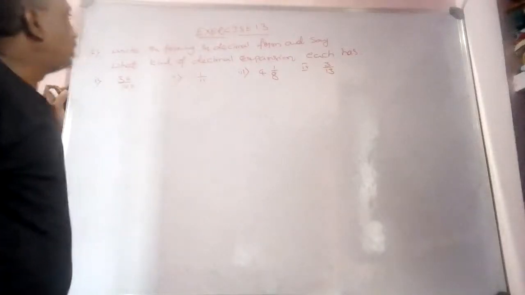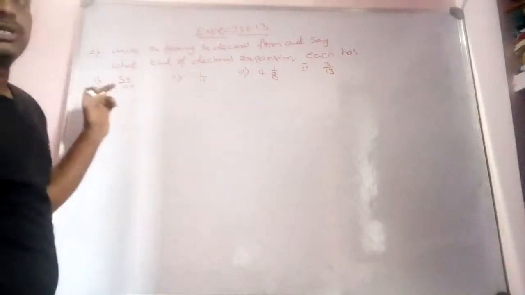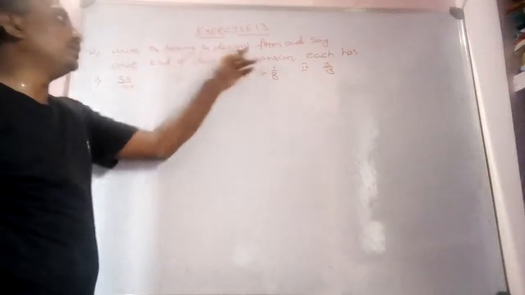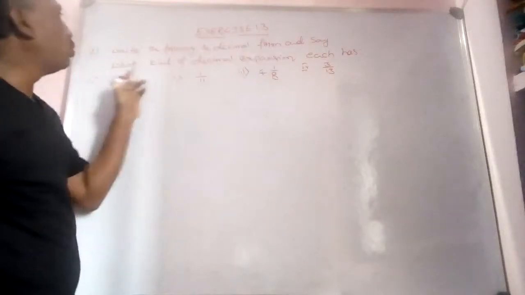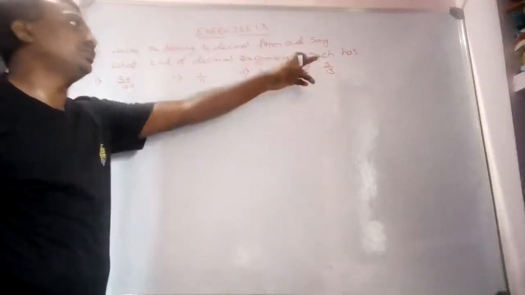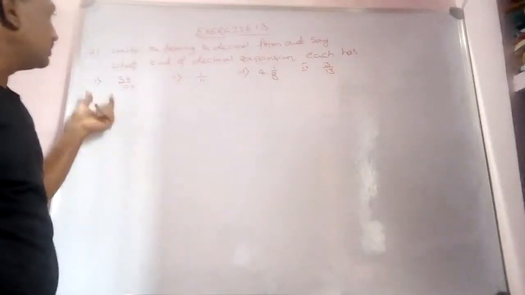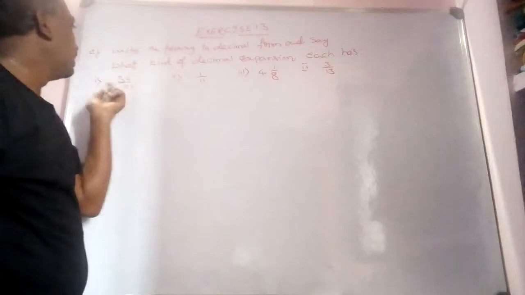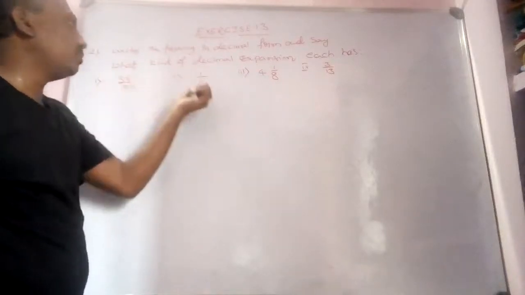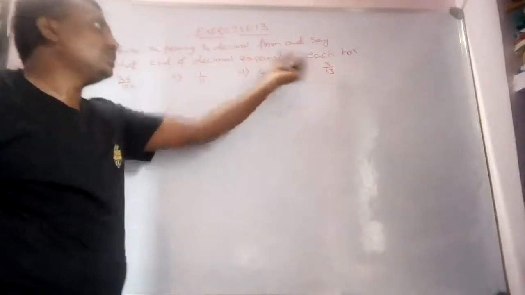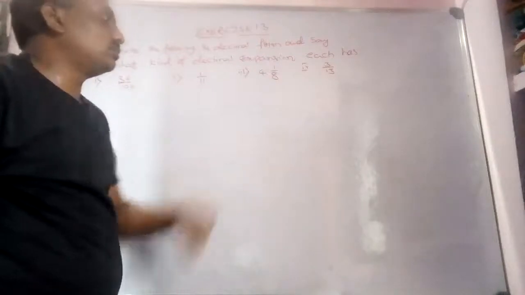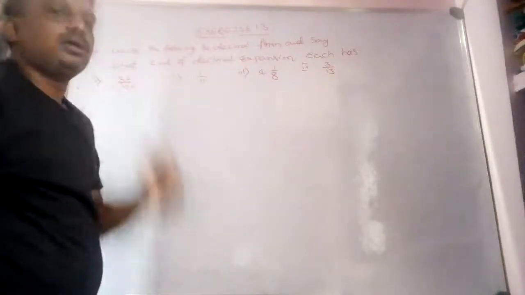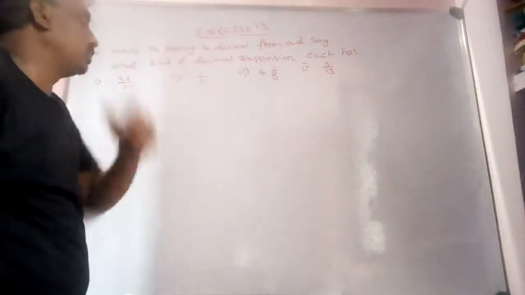Exercise 1.3, first question: write the following in decimal form and say what kind of decimal expansion each has. The given problems are 36 by 100, 1 by 11, 4 1 by 8, and 3 by 13. These are all rational numbers in the form p by q.